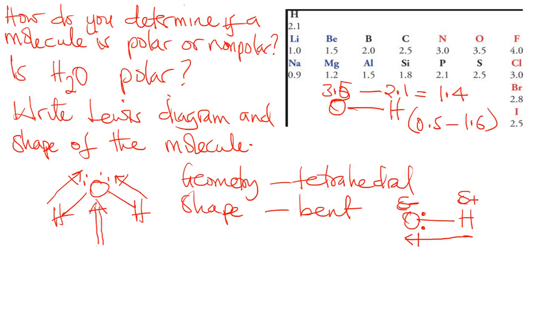So just having this type of motion tells me that if I add this one and this one, it gives me this polarity here. So we'll say that this molecule is polar because oxygen and hydrogen are polar. Oxygen and hydrogen are also polar.